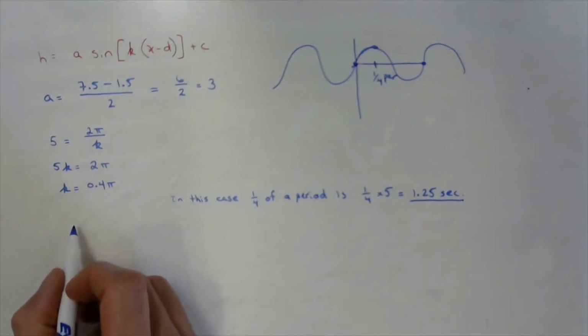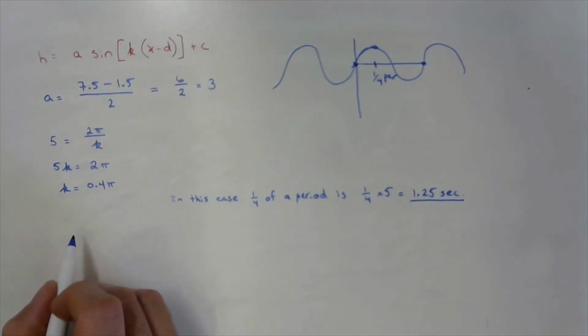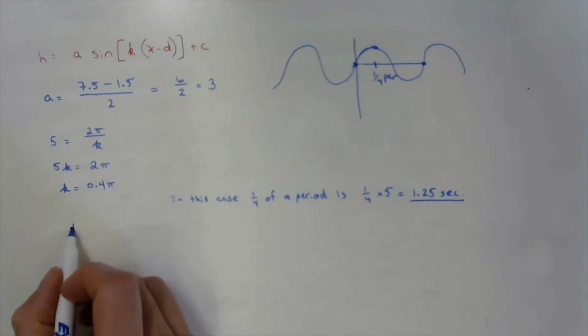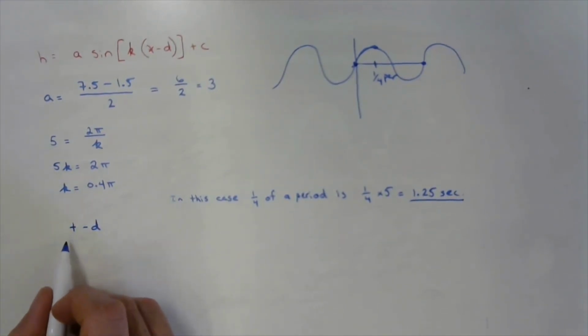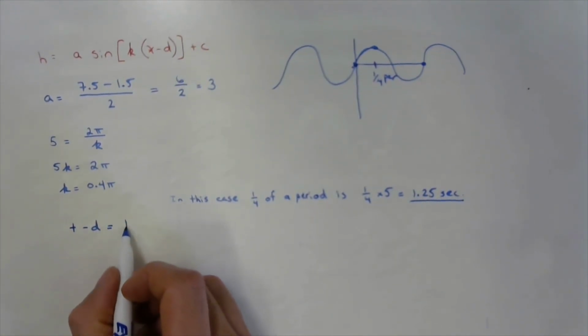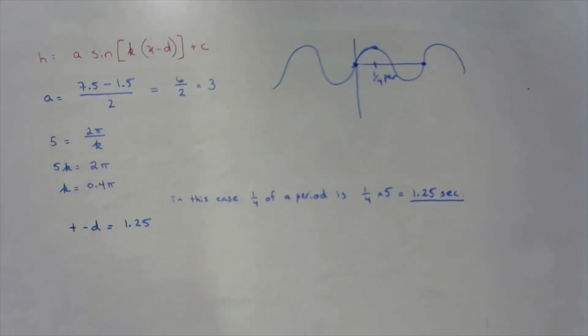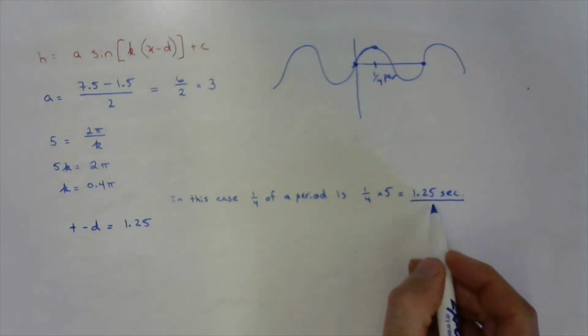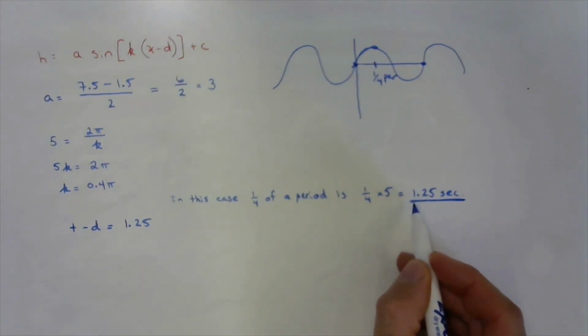So in order to do that, we're going to find out how far we need to move this thing. So you have t minus d, and that's going to be 1.25, because that's what we found out as where the maximum occurs.